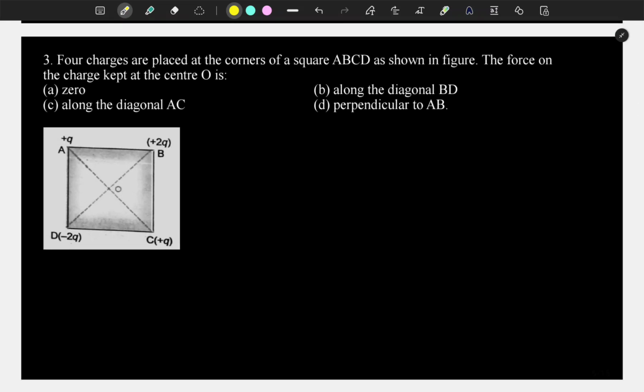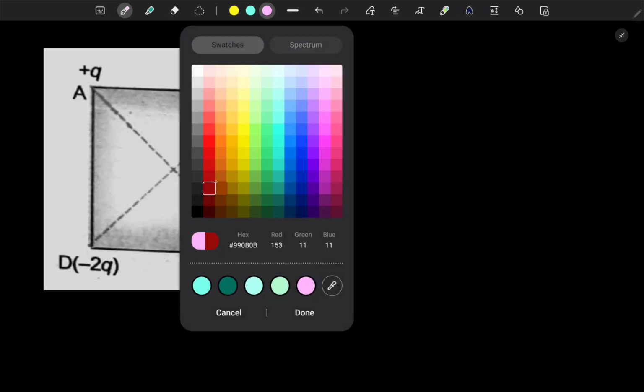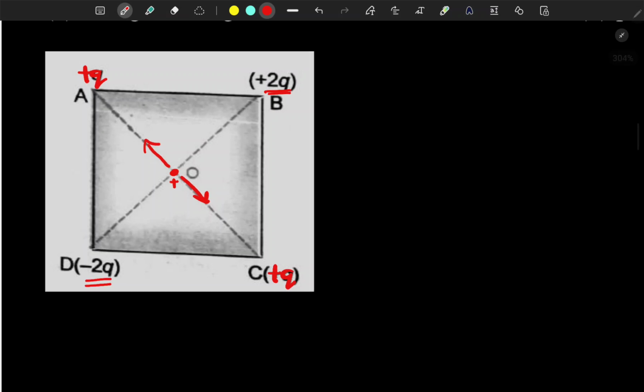4 charges are placed at the corners of square ABCD as shown in the figure. The force on the charge kept at O is? If you consider the diagram here, we have a negative charge here, a positive charge here, plus q here, plus q here. So the force due to plus q and plus q will be repulsive, since they are positive charges.